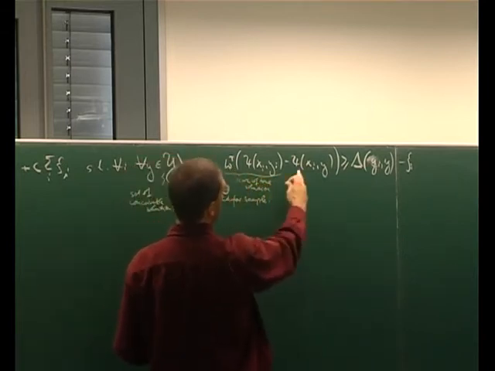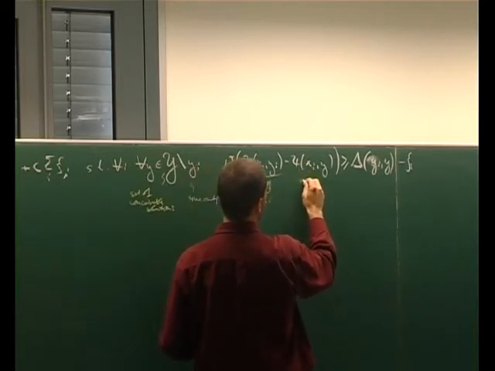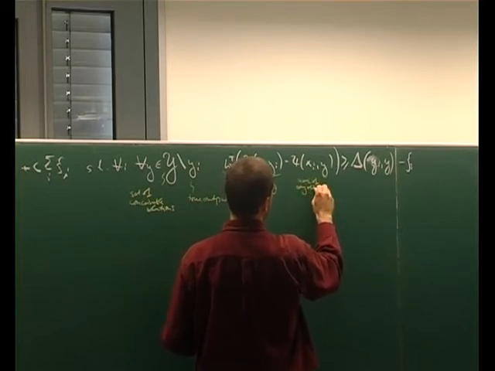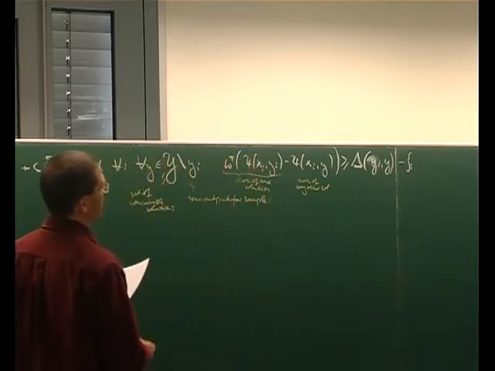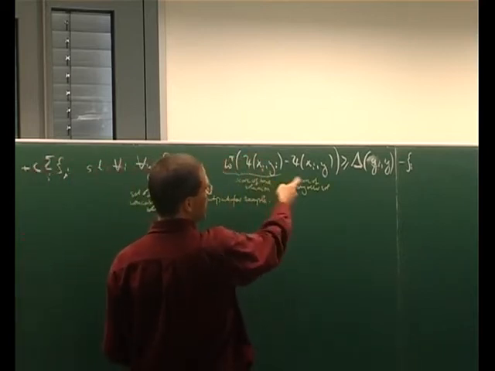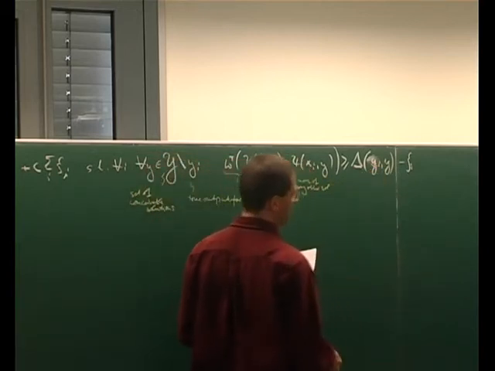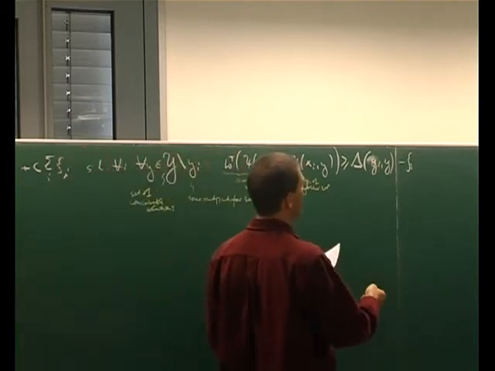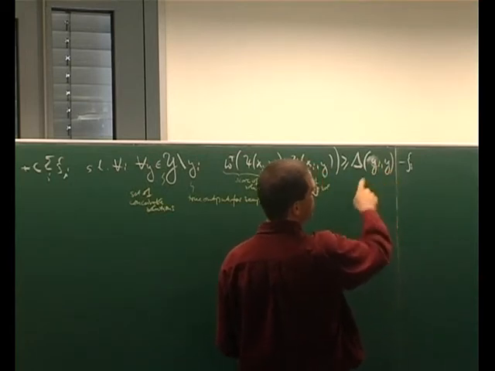And if I multiply w with that one, it will give me the score of any other solution. And I request that the difference between these two scores should be at least as large as the loss that I have to define as a user. So how much do I need to pay if I predict the solution y instead of the true solution yi?